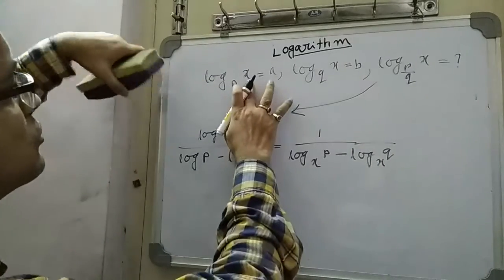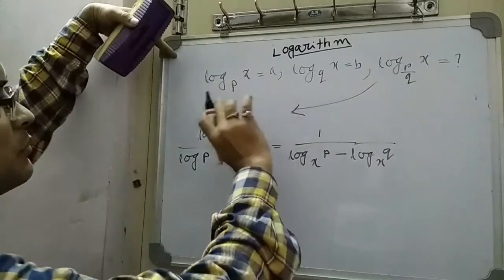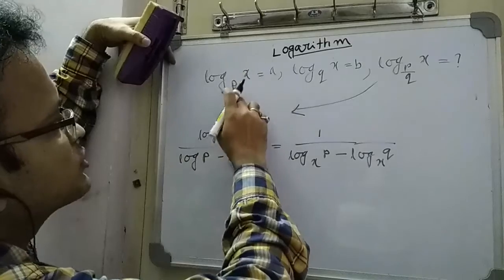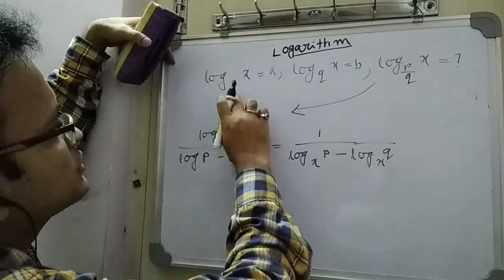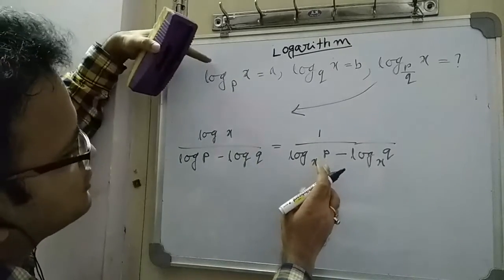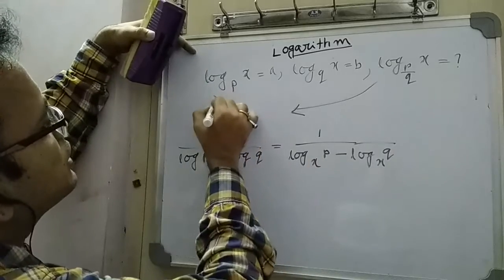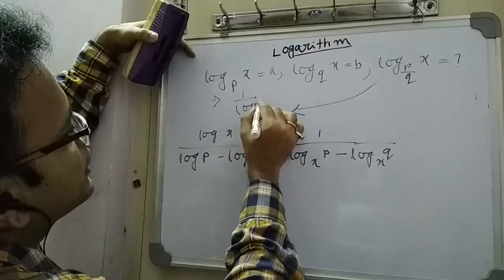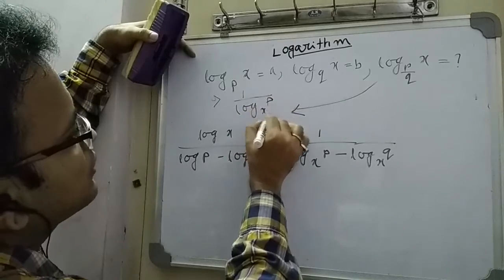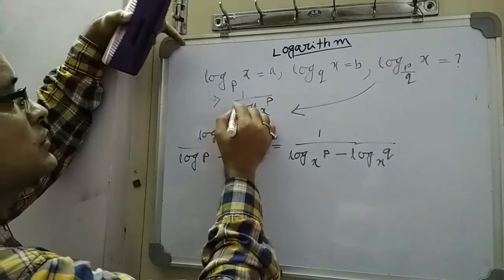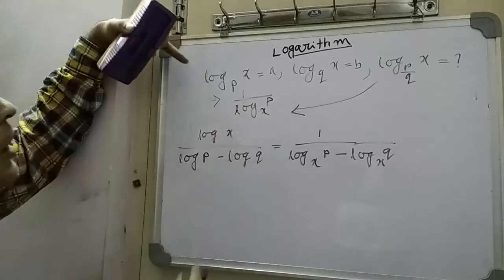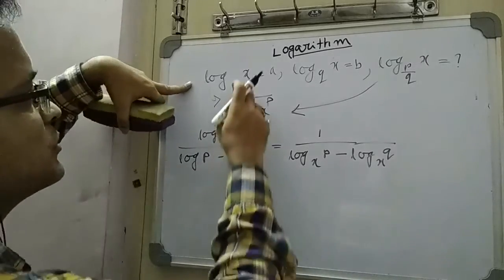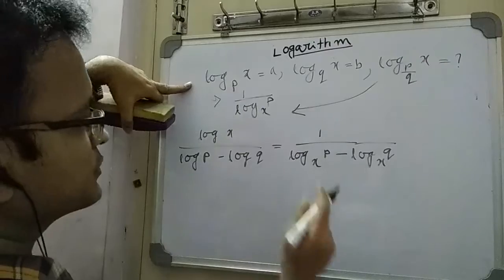Now we know log x base p equal to a, that means if I just reverse this base and the value, I will get it. Let me write the actual property first. Sometime back we took an example of this property: log x base p equal to 1 by log p base x.